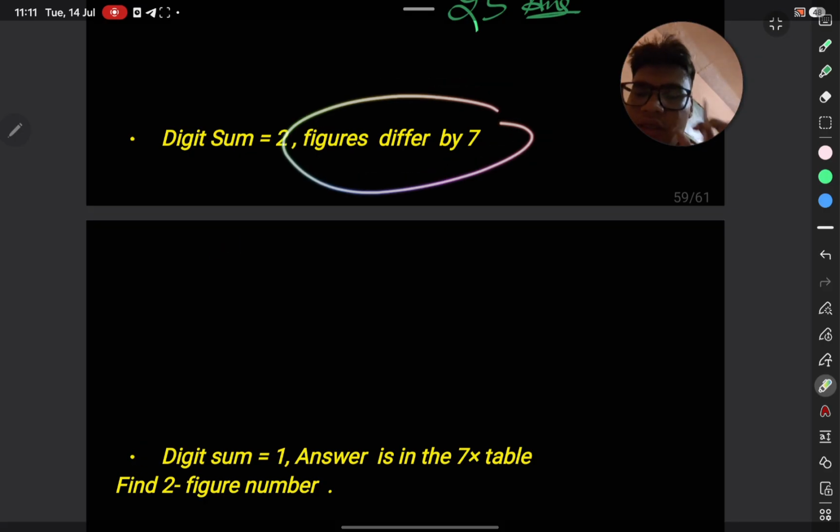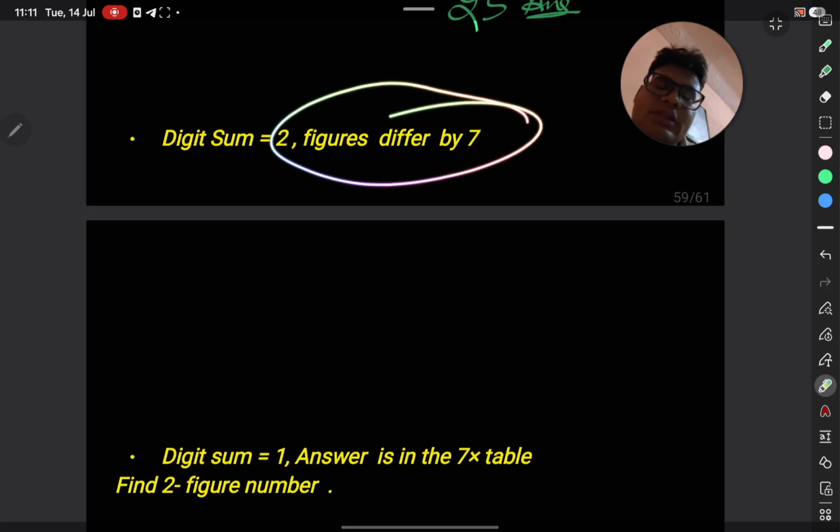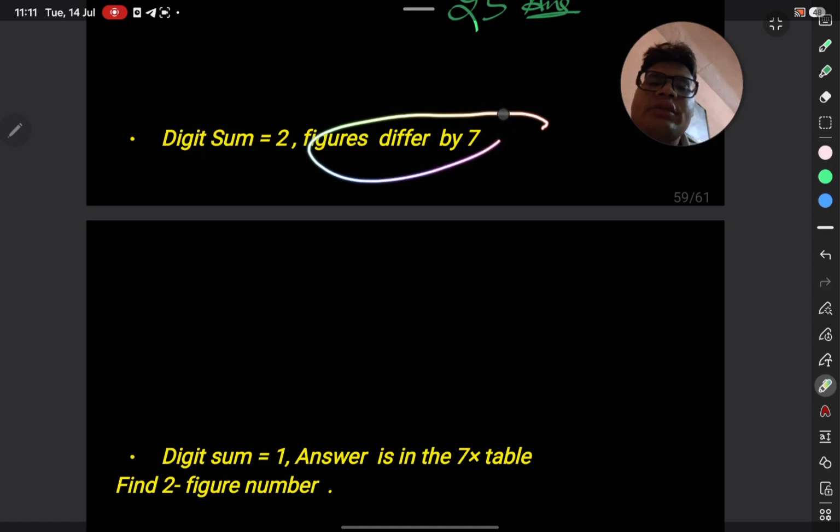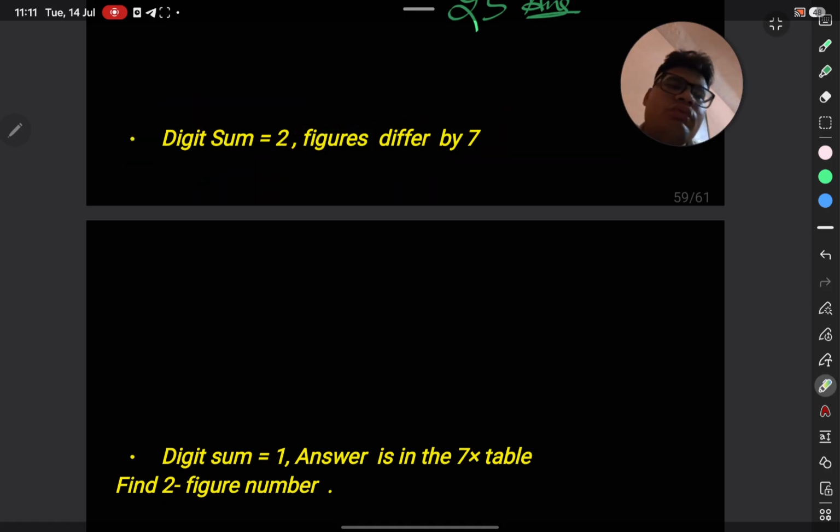The difference between the figures is 7 and the digit sum is 2. What will be the answer?